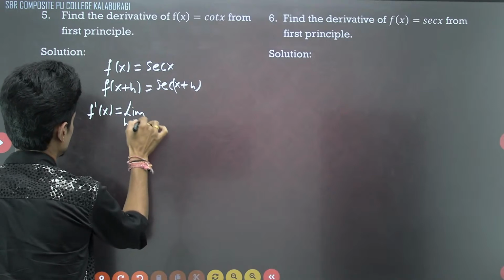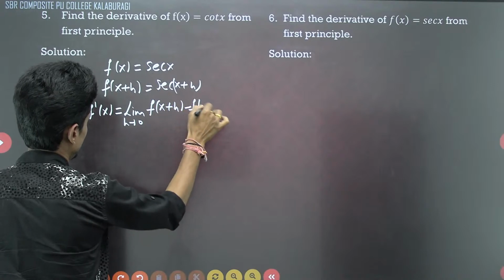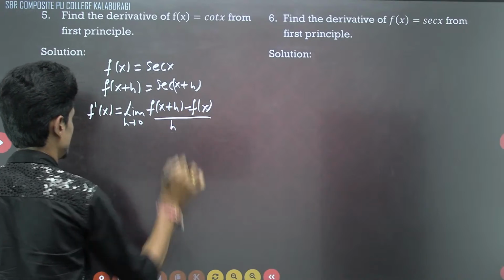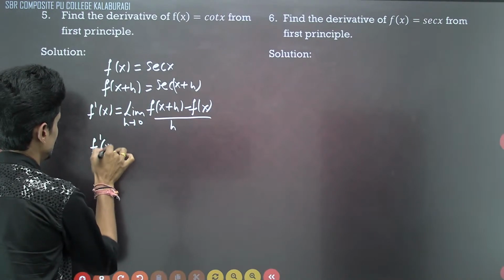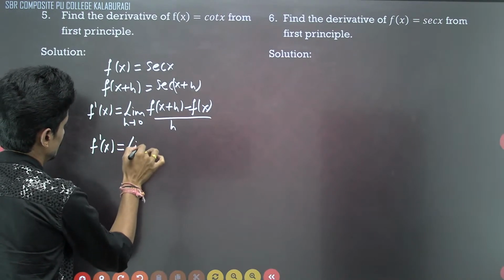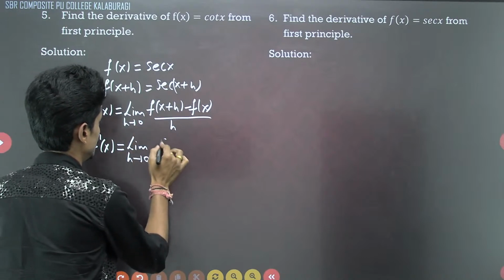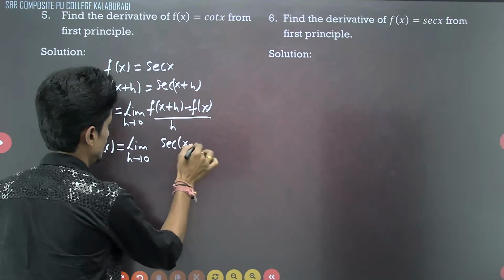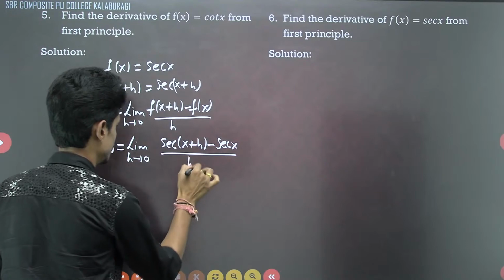Limit as h tending to 0 of f of x plus h minus f of x divided by h. Now f dash of x is equal to the limit as h tending to 0 of secant of x plus h minus secant x divided by h.